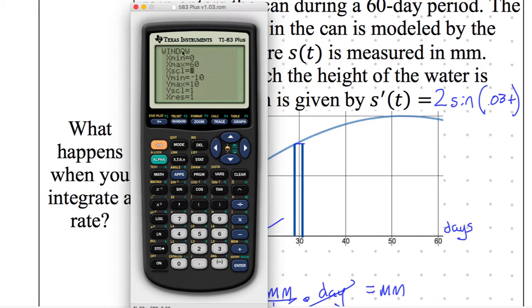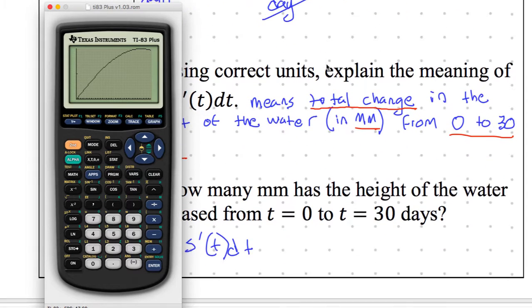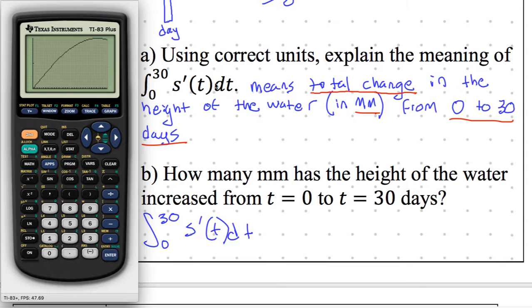And then once I have my window set, what do I do in order to correctly zoom to the graph? Zoom 0. Zoom 0. It's loading, and it should hopefully look like this graph here. And it does. Okay, so there's the graph. Once I have the graph, then what do I do? What next?